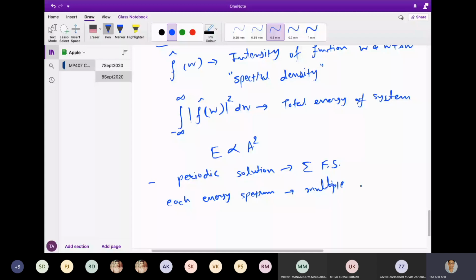Okay. And if you combine all of this, then we call it a discrete spectrum.